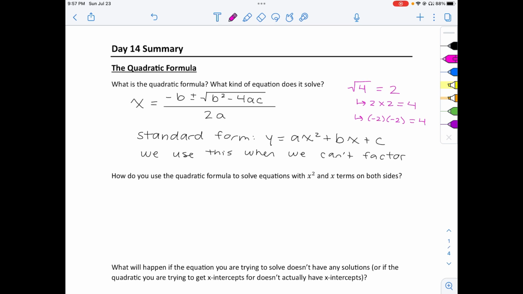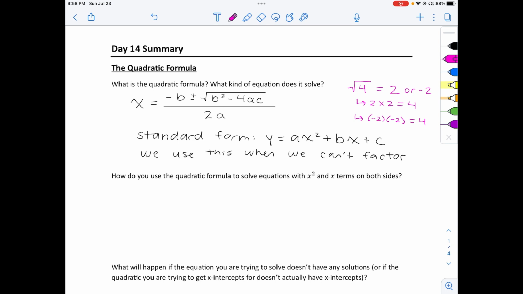Okay, so really when we do the square root of 4, our answer can either be 2 or it could be -2. Your calculator will never tell you -2 unless you have it programmed a very specific way if you're able to, because it just always gives you the positive root.